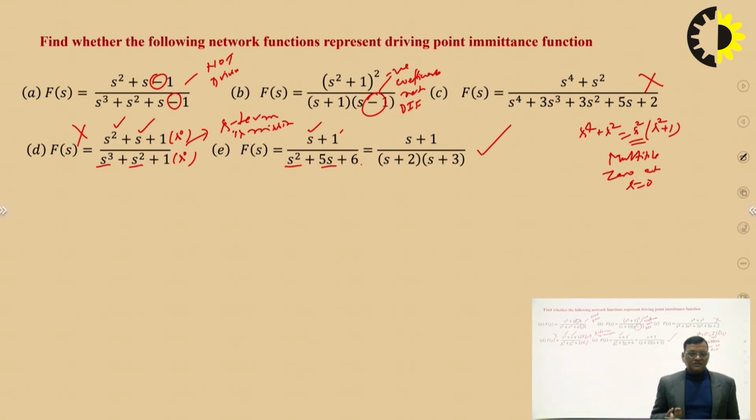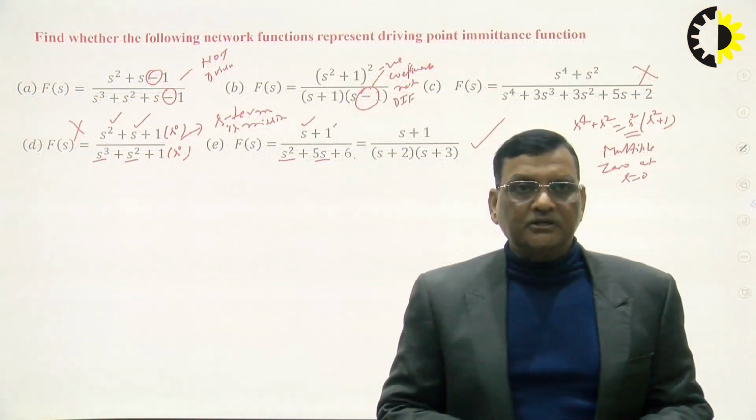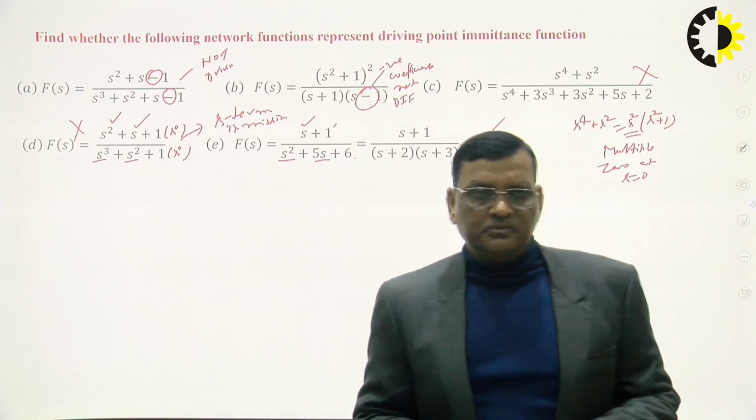Poles and zeros are the complex frequencies of network functions; the poles determine the time variation of the response, whereas the zeros determine the magnitude of the response. Then we also discussed the restrictions on the location of poles and zeros in a network function, which decide whether the given network function is a driving point immittance function or a transfer function.